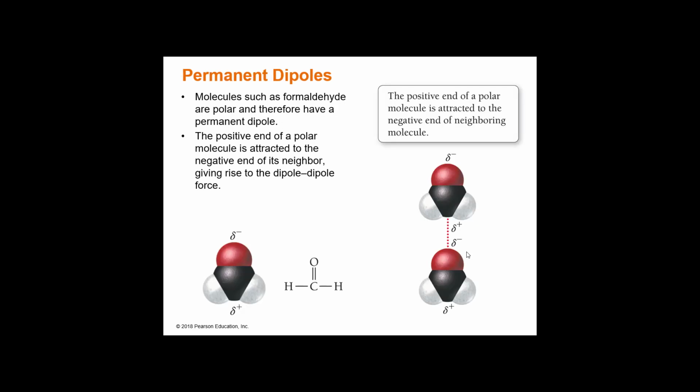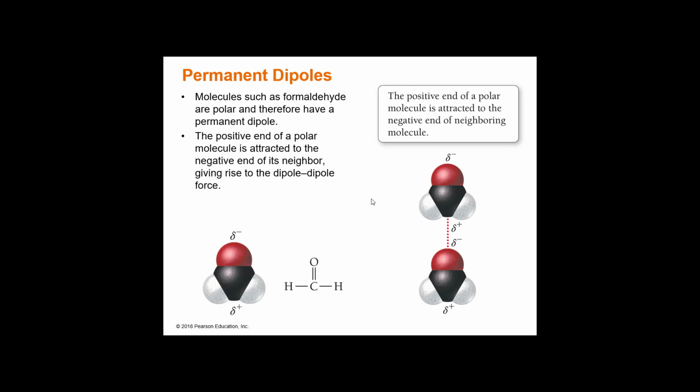So what is a permanent dipole? If we look at these here, we have formaldehyde, and you can see the structure here, and also see it in this nice model. The positive end of a polar molecule is attracted to the negative end of a neighboring one. So why is this? This is because we have an oxygen, and remember electronegativity.